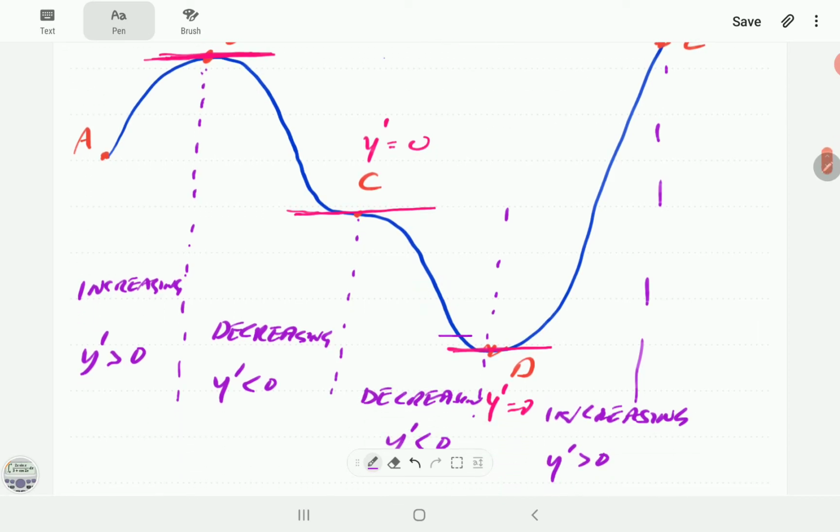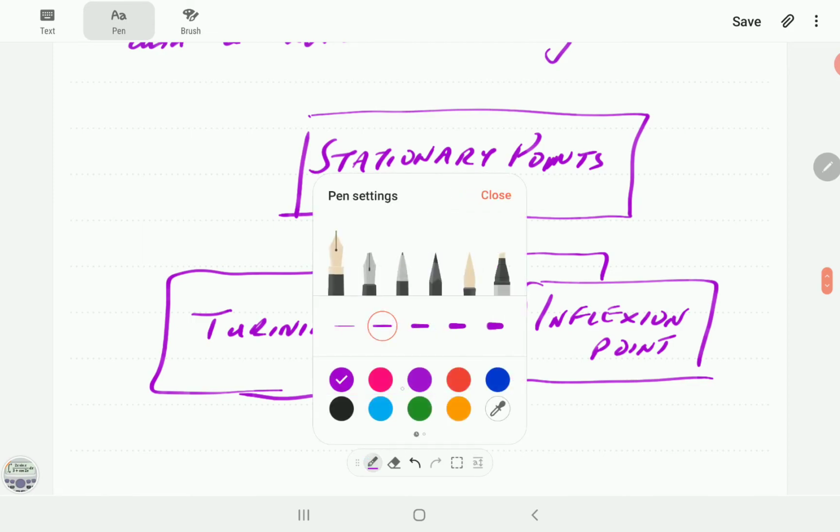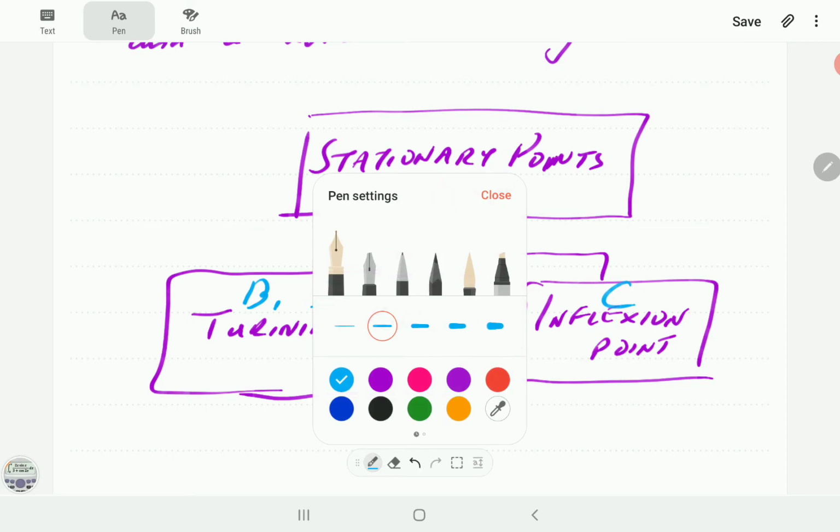D, the graph is decreasing this side and then it's increasing this side, so D is a turning point. So let's say B is a turning point, D is a turning point, C is an inflection point.